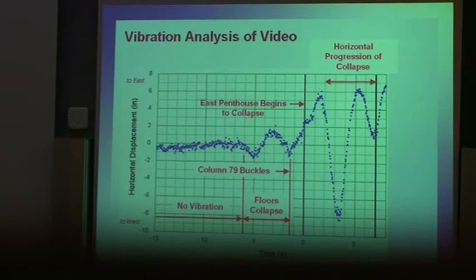This zone would characterize the horizontal progression of collapse. You can see that the structure, once there is lots of impact and floors impacting each other, is seeing these large vibrations until the whole thing would collapse.